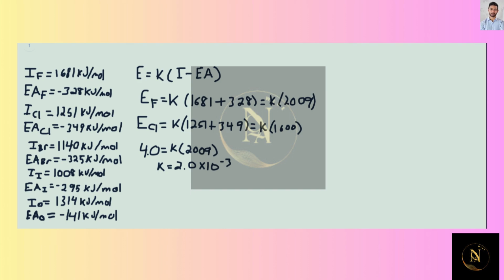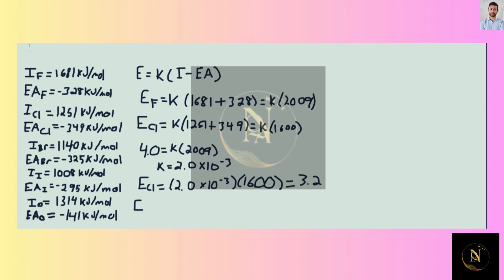So D, use your result from part C to determine electronegativities of chlorine and oxygen. So for chlorine, E of Cl is going to be equal to 2.0 times 10 to the negative third times 1600, which is going to be equal to 3.2.